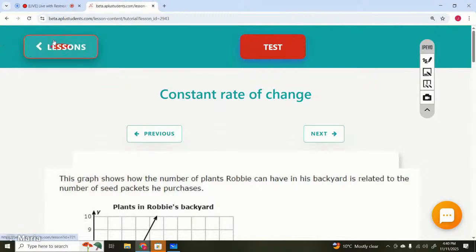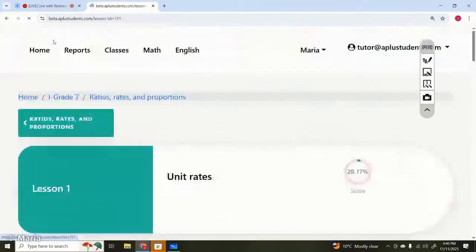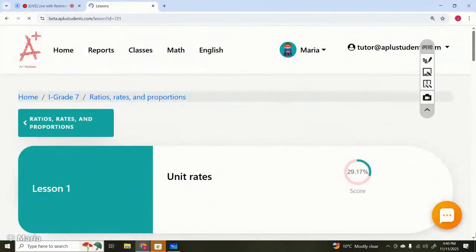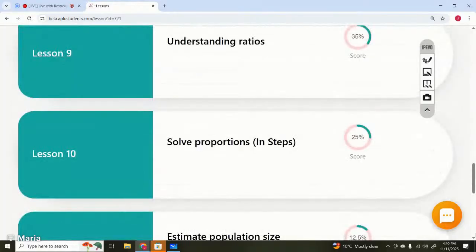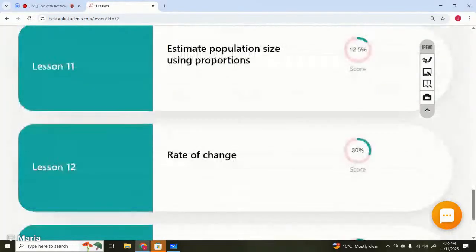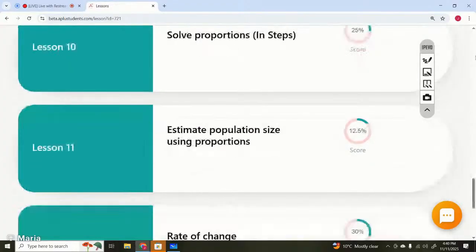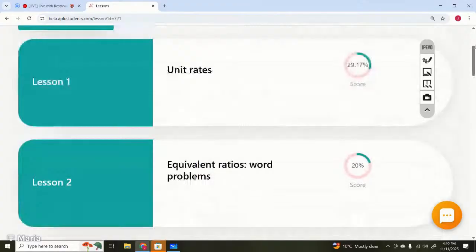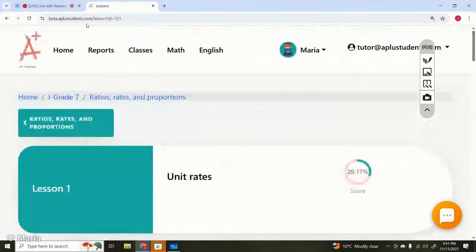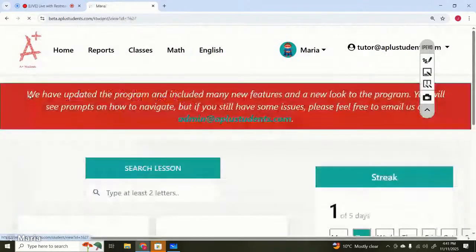The lessons we have covered today are estimate population size and proportions, rate of change, and then constant rate of change. So please make sure before the next session you complete all the practice questions for the lessons we just did. That is your homework until the next session.